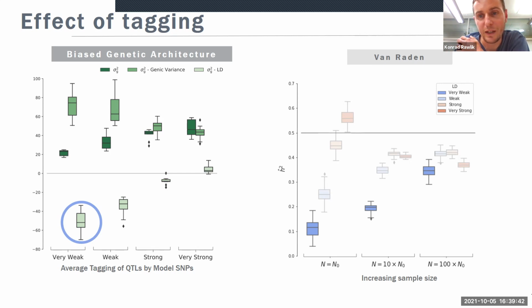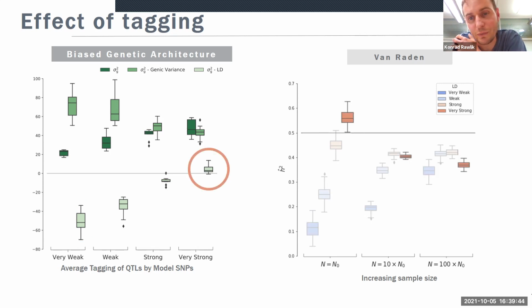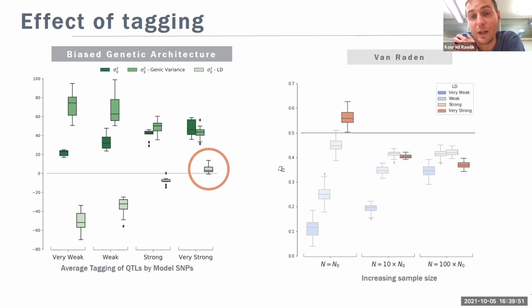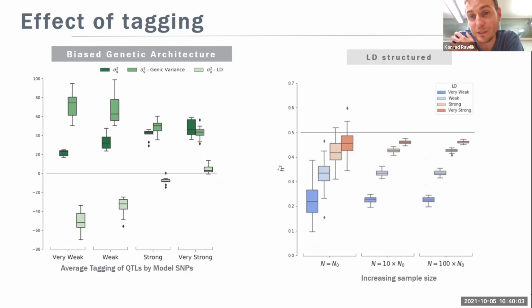Conversely, at the other end with the very strongly tagged ones, you see the same as in the assortative mating scenario or human height, with decreasing estimates as sample size increases. And if you use the LD structured G-REML, you get basically constant estimates over sample sizes, as the theory would predict.